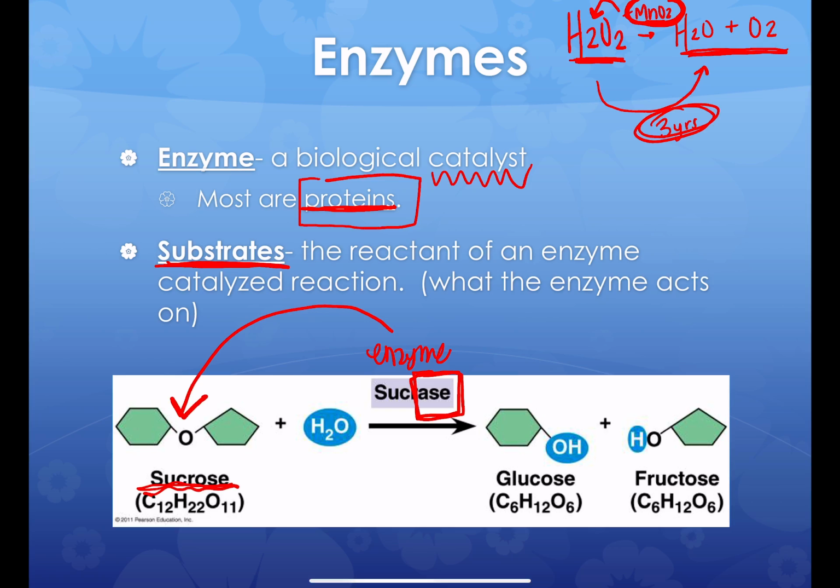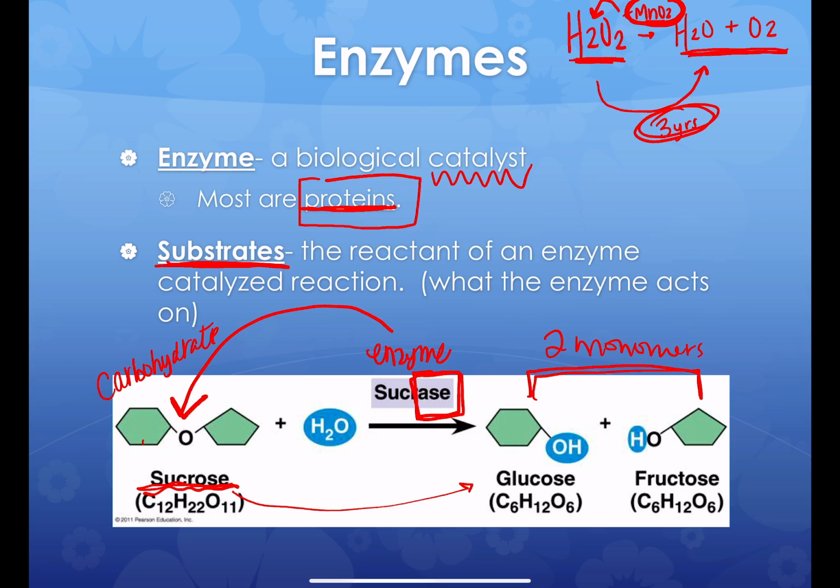Sucrase is the enzyme that helps break down sucrose into glucose and fructose. So sucrose here is a carbohydrate. We know that, going back to our macromolecules, because it ends in ose, okay? And it breaks down into 2 monomers called glucose and fructose, 2 simple sugars, okay?